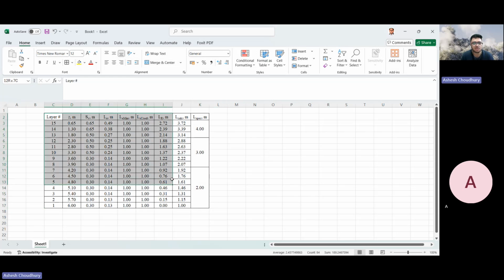So what I will do, I will copy it. I will just put this table in the slide. Just a second, I will show you.